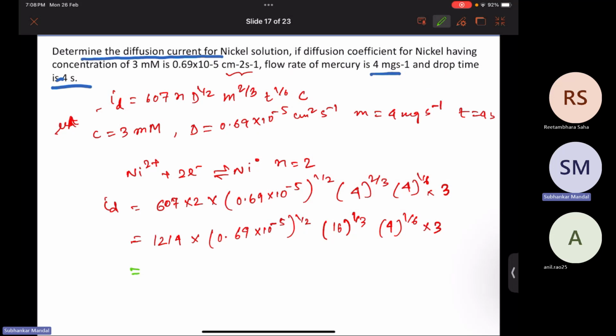I am also calculating. Divided by 2. Okay, so mine is coming 31.57 microampere.